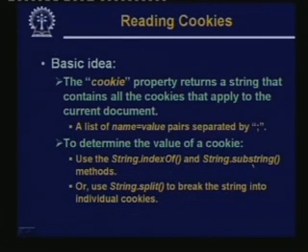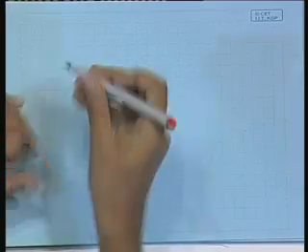Now, after you have stored the cookie, you can retrieve the cookies in a similar way by accessing the cookie property. Whenever you access the cookie property of the document, what you will be getting is a string which will contain all the cookies that apply to the current document, a list of name value pairs separated by semicolon. So, actually what we mean here is that whenever you access the cookie property, you get something like this.